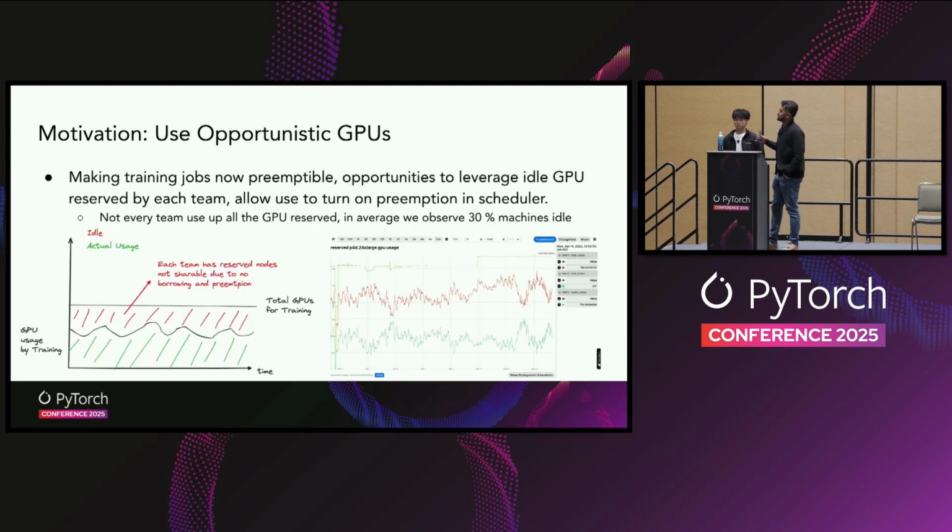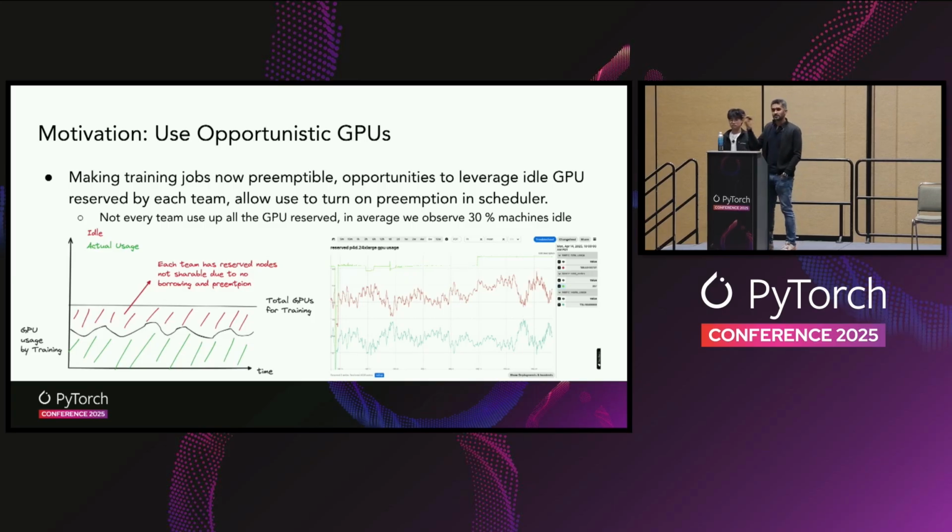But the second motivation is also to use GPUs more opportunistically. So we keep our model of giving out GPUs pretty simple today. Every team has a pool of GPUs that they reserve to use. But what we've seen over time is that not everyone uses their GPUs fully. Sometimes there are periods where they don't use them well.